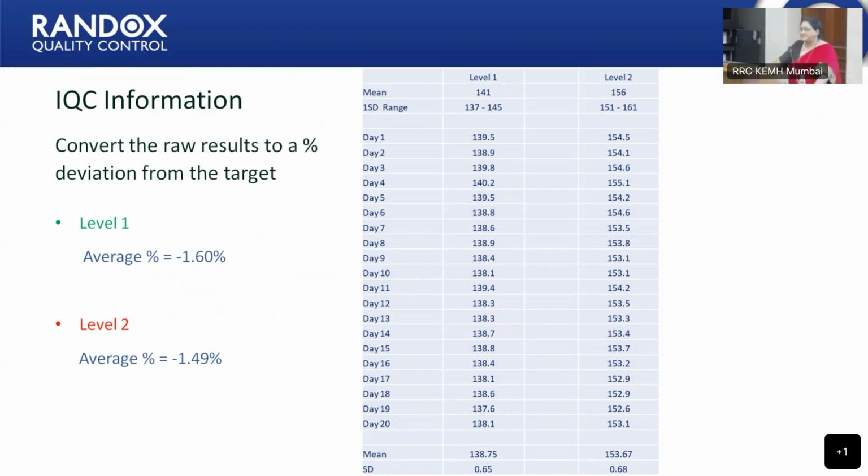When we calculated the percentage deviation from the data, we could identify that the level 1 average percentage deviation was 1.6%, and for level 2 it was minus 1.4.